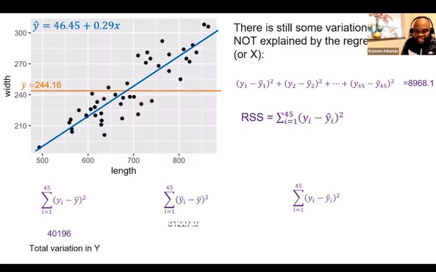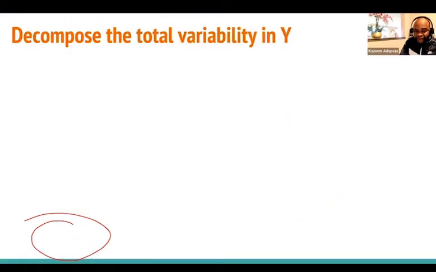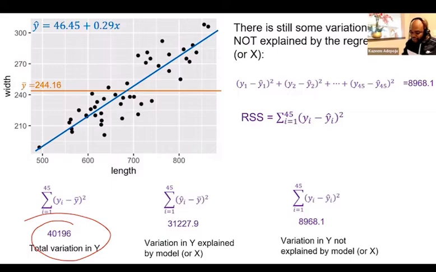For the total variation we have 40,196, and that has been split now. This is equal to that plus that. Which means the total variation around the response has been decomposed, split, or broken down into explained variation and unexplained variation. This is what I call the decomposition of the response variable.